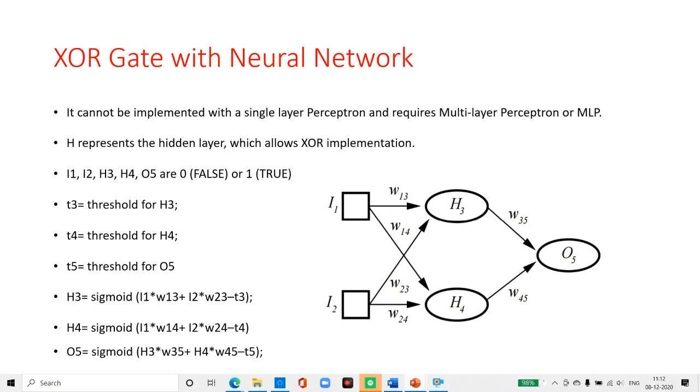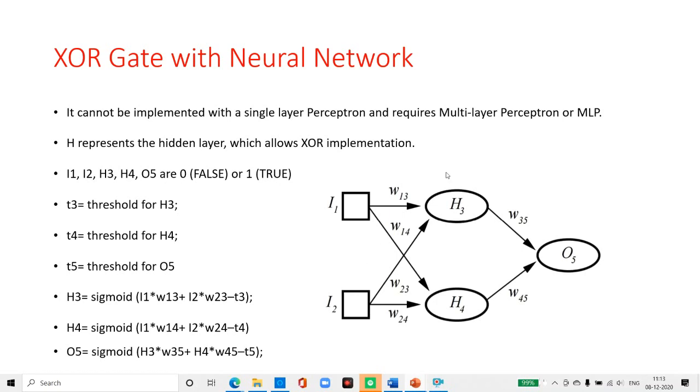So if we are using the XOR logic gate with the neural network, it cannot be implemented with a single layer perceptron. The XOR gate requires a multi-layer perceptron, or MLP. Here H represents a hidden layer which allows the XOR implementation. I1, I2, H3, H4, O5 are each 0, false, or 1, true.